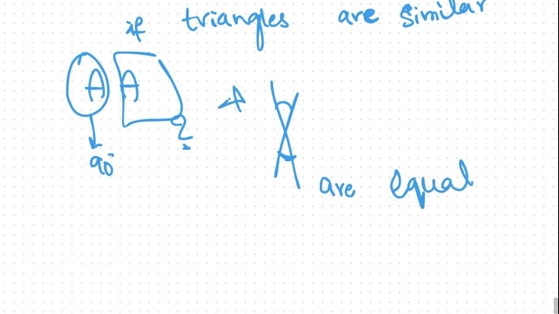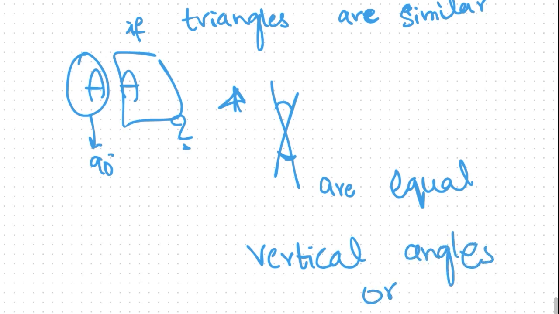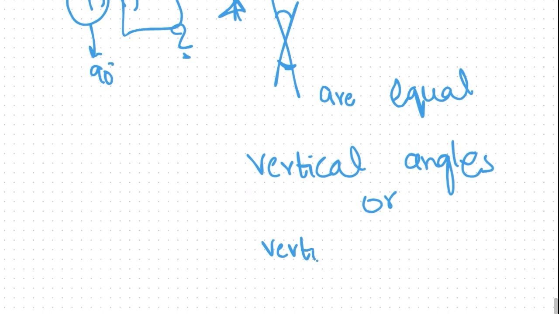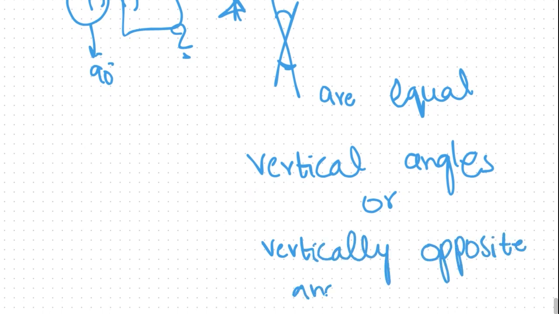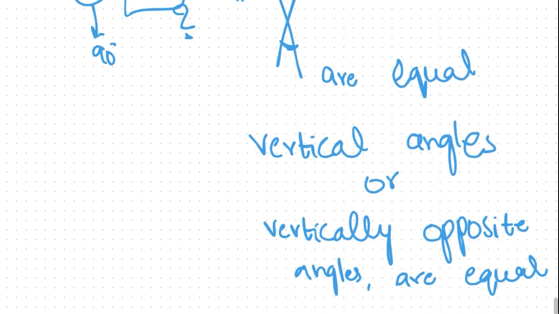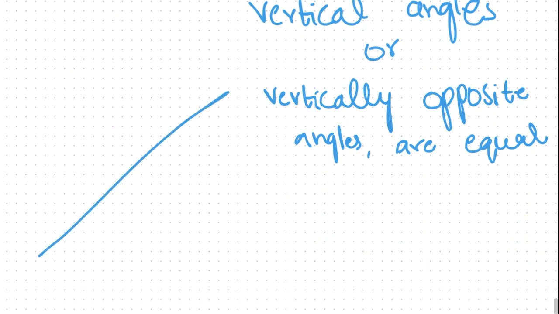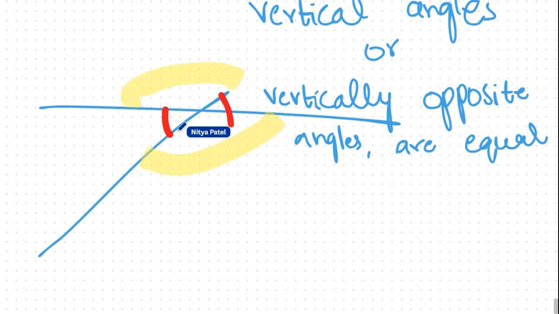These are called vertical angles, or vertically opposite angles. Vertically opposite angles are equal. Any two lines, wherever they intersect, the angles which are facing each other are equal, and this angle and this angle, which are facing each other, are also equal.